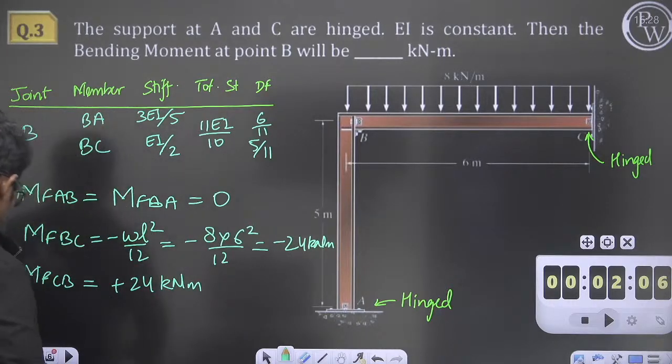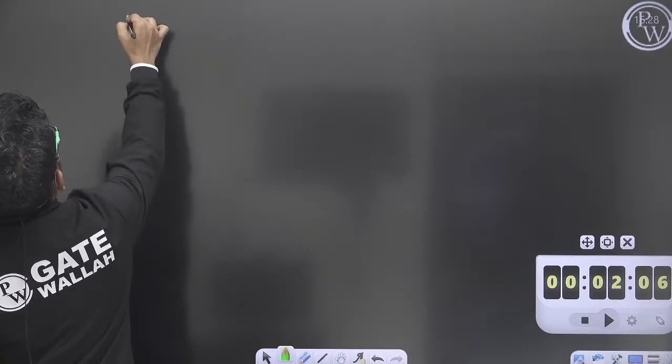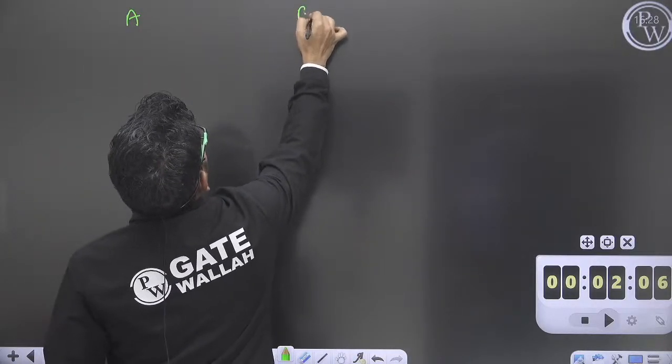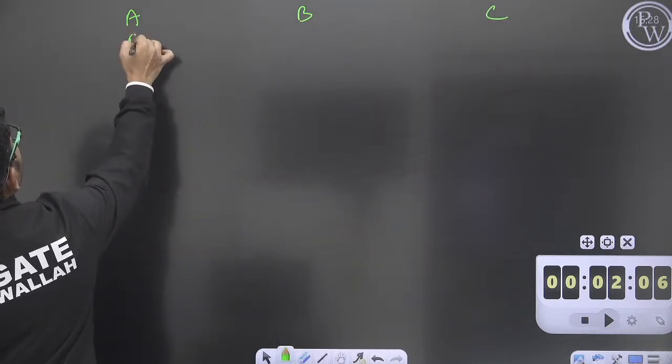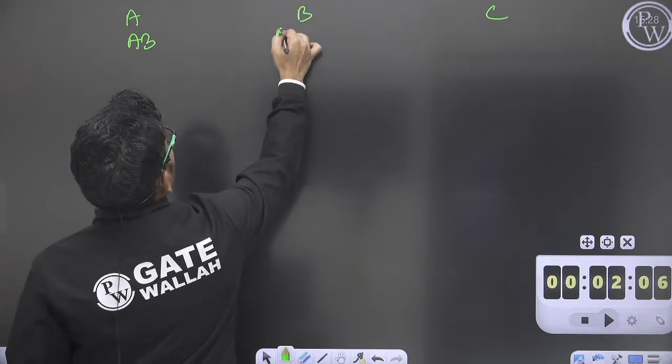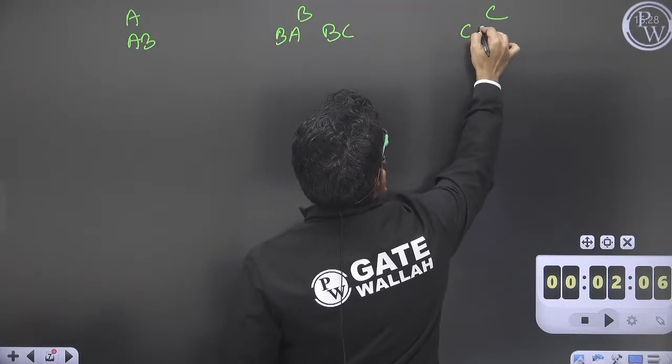Now let us draw the distribution table. So the moment distribution table I will draw. Here I will write joints A, B, C. In the next line I will write members AB, BA, BC, CB.